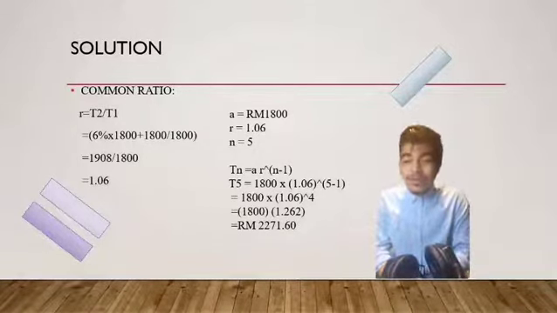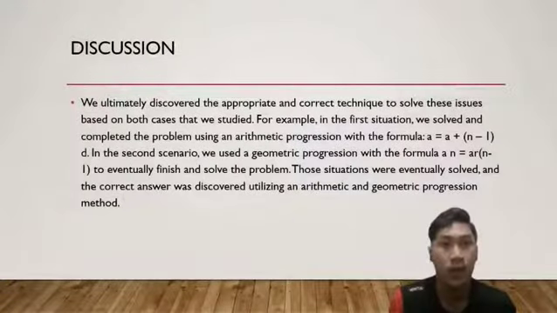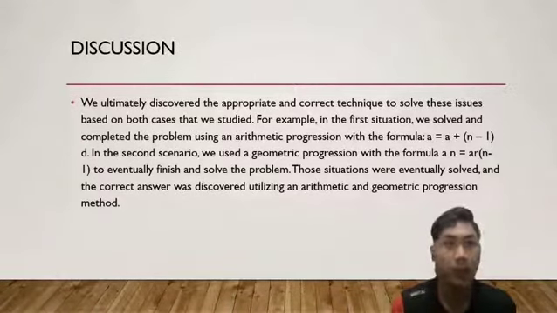Now we'll be moving to the discussion and conclusion part. Okay, now for discussion. We ultimately discovered the appropriate and correct technique to solve these issues based on both cases that we studied.